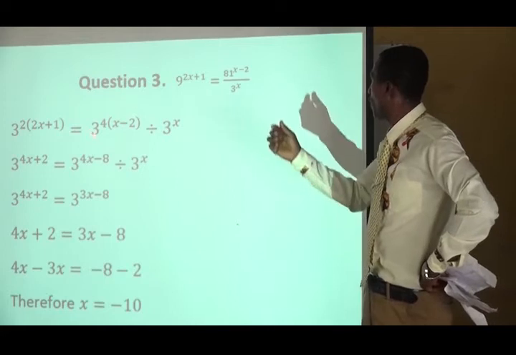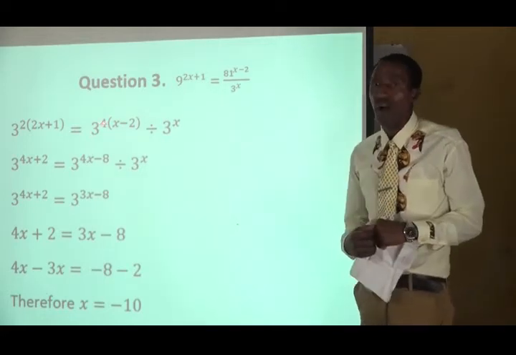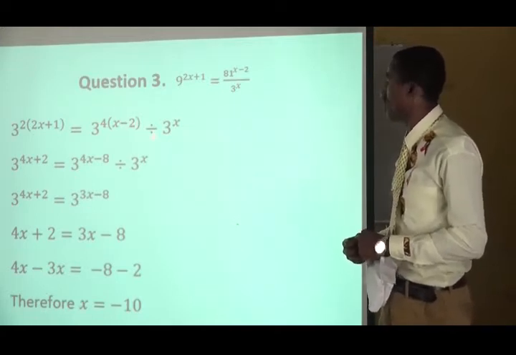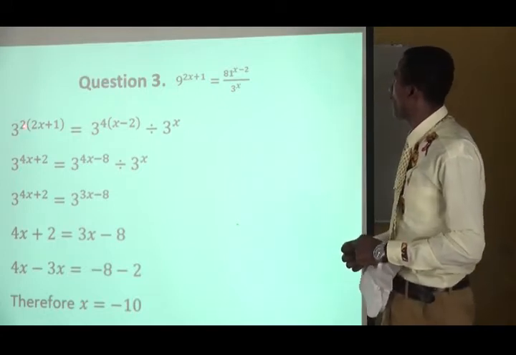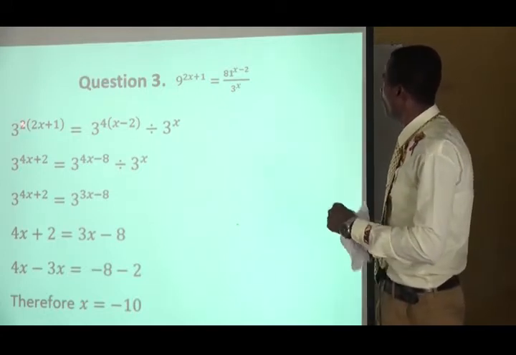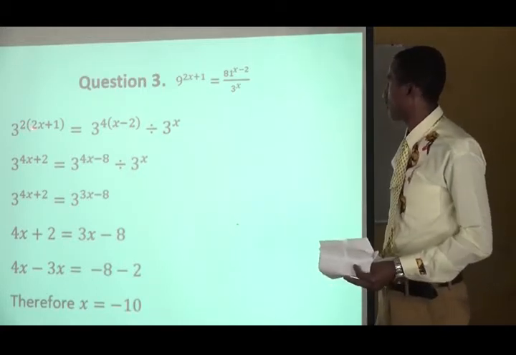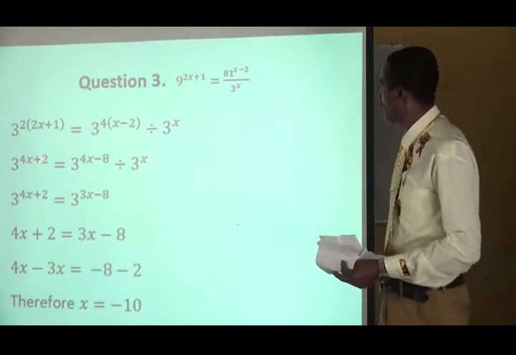The 81 on the right-hand side can be written in index form also as 3 to the power of 4 into x minus 2, divided by 3 to the power of x. By removing the bracket of power 3 on the left-hand side, it becomes 2 times 2x gives us 4x, and 2 times plus 1 gives us plus 2.